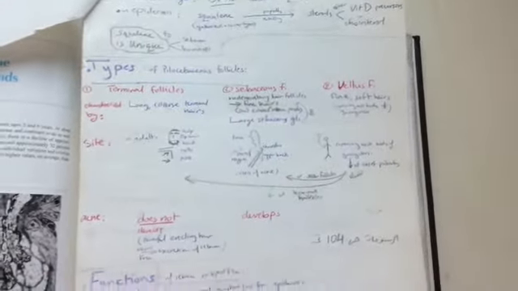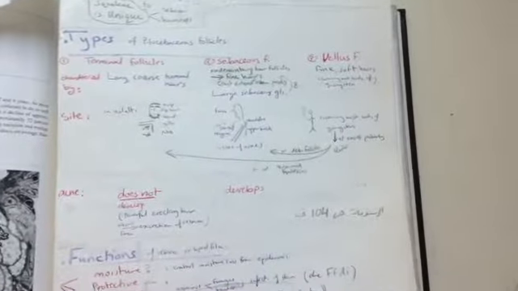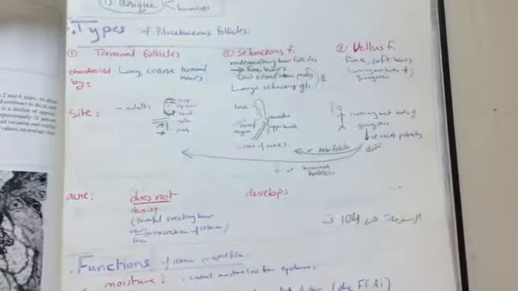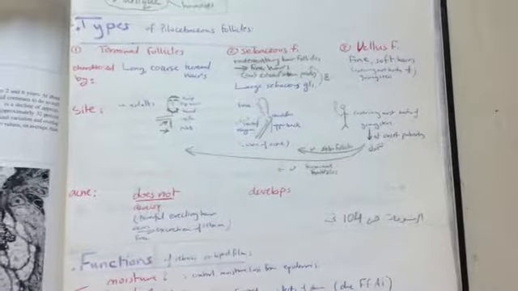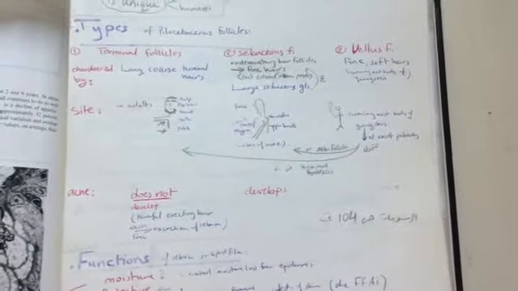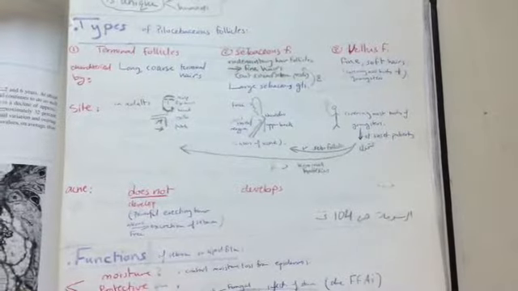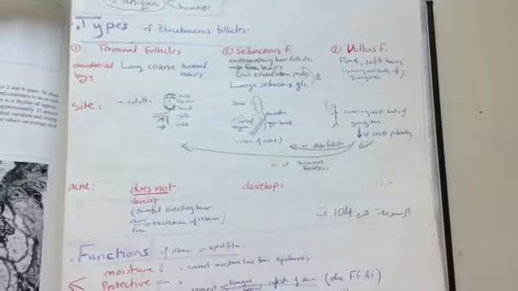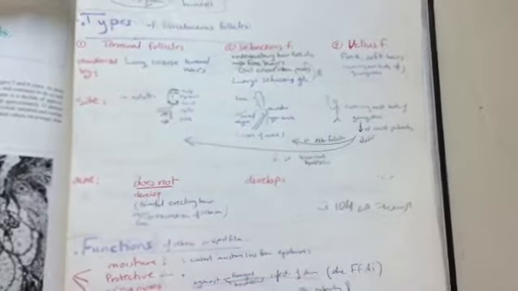We'll shift to the types of pilosebaceous follicles. There are 3 types: terminal follicles, sebaceous follicles, and vellus follicles. The terminal follicles are characterized by long, coarse terminal hairs, and the sites in adults are scalp, eyebrows, beard, axilla, and pubis.